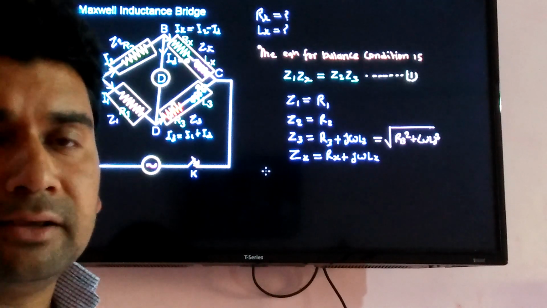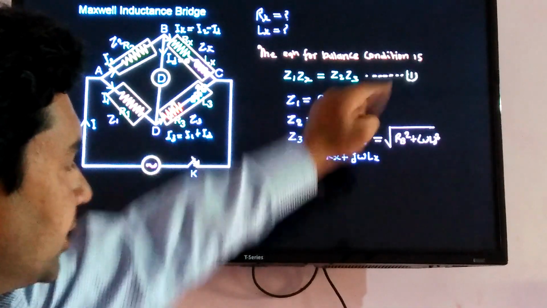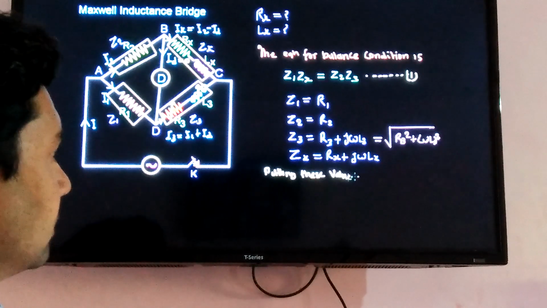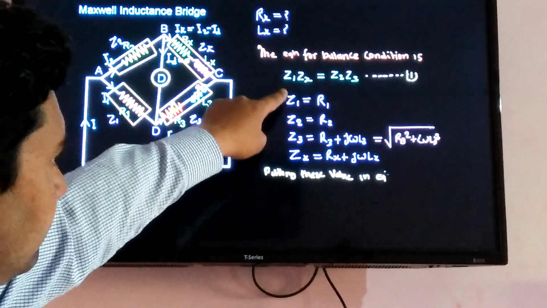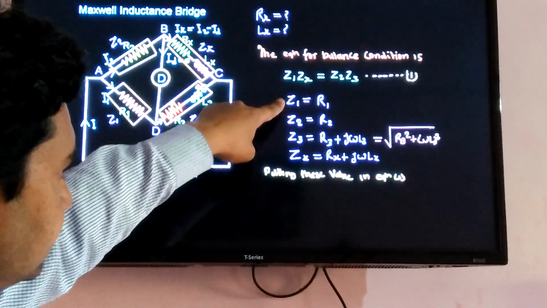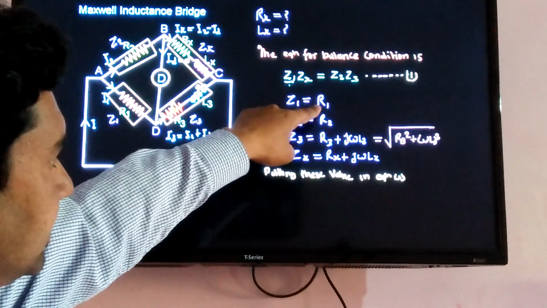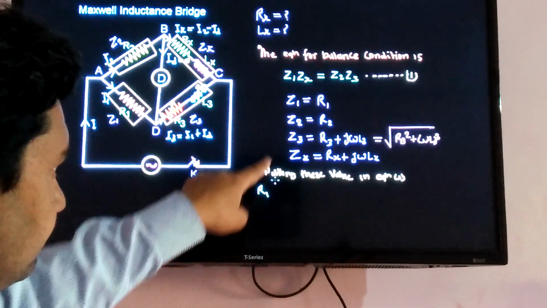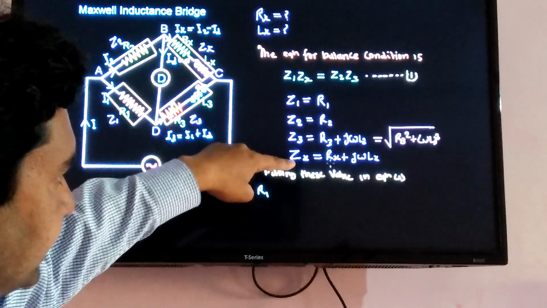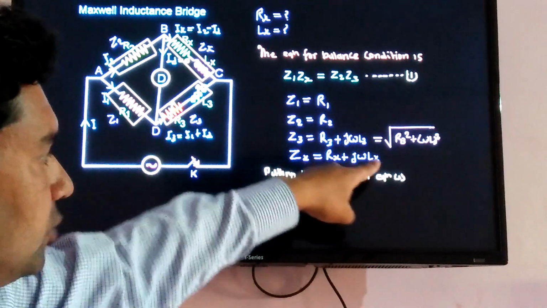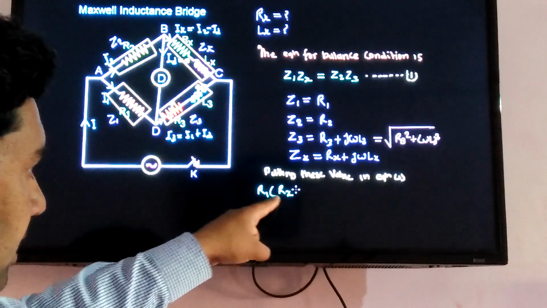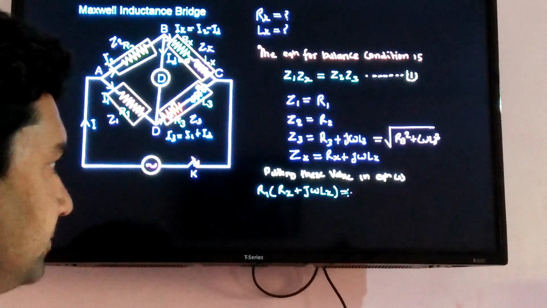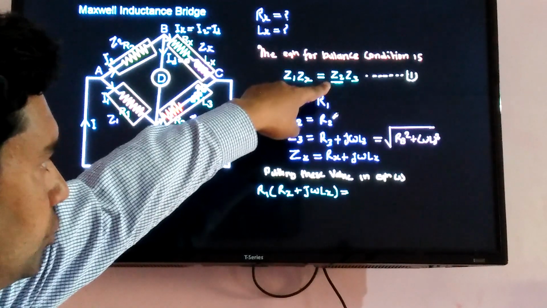Now, by putting these values in equation 1, here put Z1 into Zx. The value of Z1 is equal to R1, so write R1 into Zx, where Zx is equal to Rx plus j omega Lx, and this is equal to Z2 into Z3.